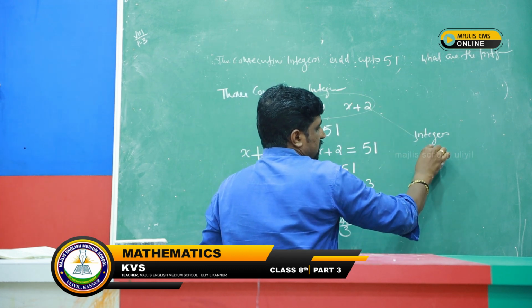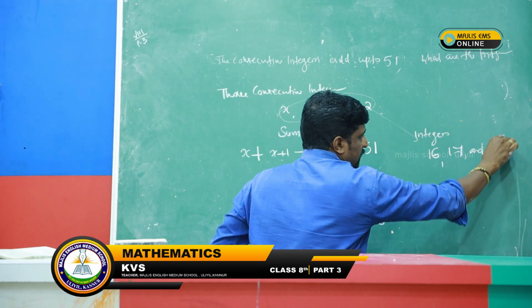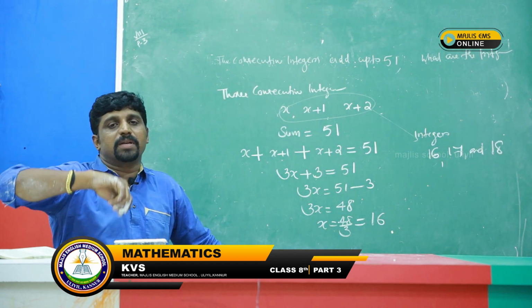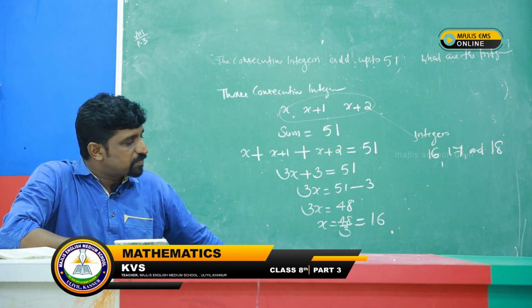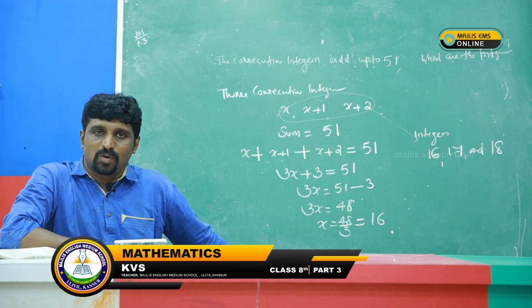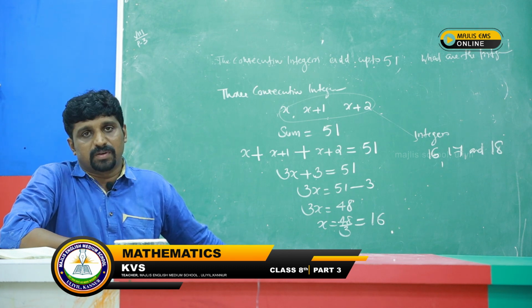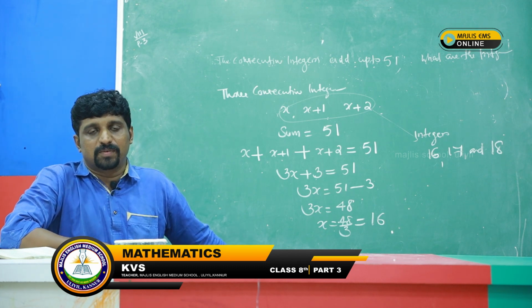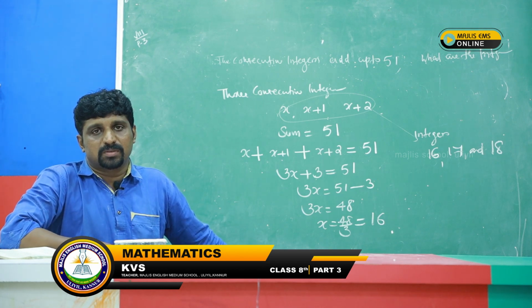Therefore, we take 16, then 17 and 18. When we add 16, 17, 18, we get the answer 51. We can form the equation like this, and after that, solve and find out.